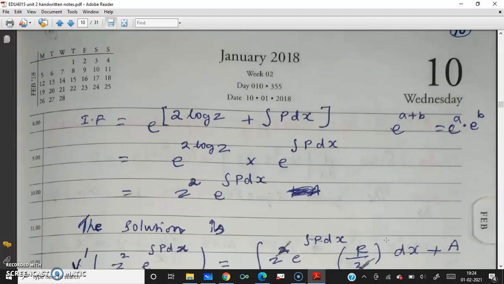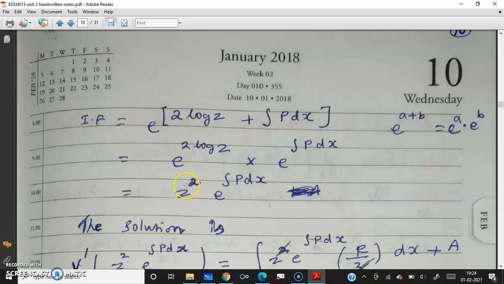Using this concept, you can convert this into 2 log z, then plus integral p dx. We know that e to the power of a plus b will be e to the power of a into e to the power of b. Same way, this can be divided into e to the power of 2 log z into e to the power of integral p dx.